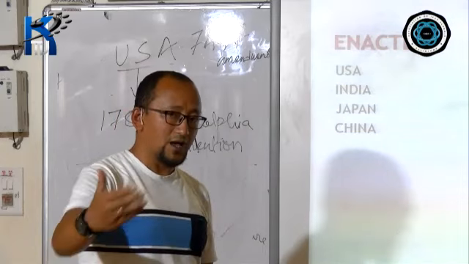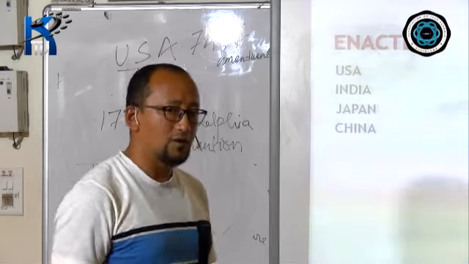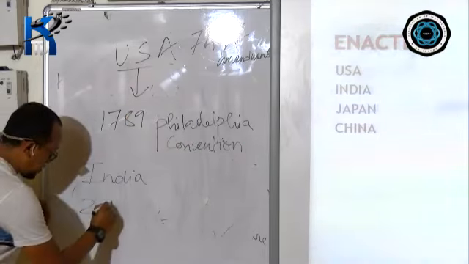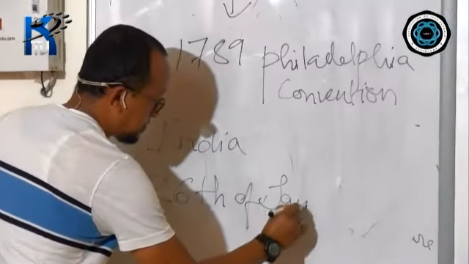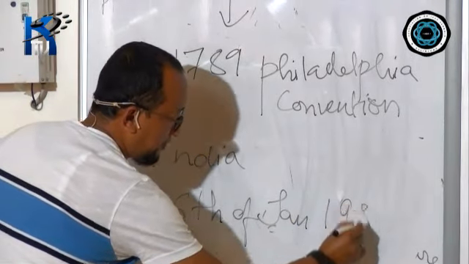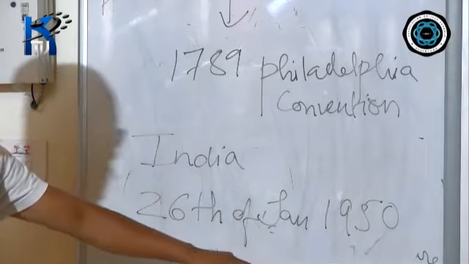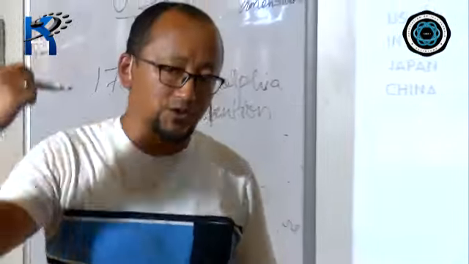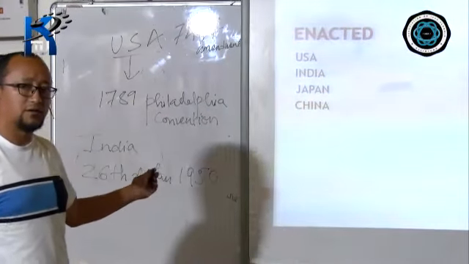All right, so if I may ask you, when was our Constitution enacted? Please remember, our Constitution was enacted on 26th of January 1950. Okay? 26th January 1950, our Constitution was enacted. That means it was made, or rather it was put into effect on this day, 26th January 1950.